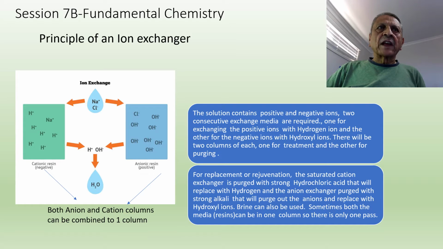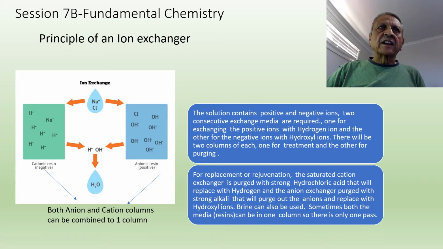Because of the polarity of the positive and negative ions, we are able to absorb each individual ion through an ion exchange resin. There are two types of resins. One is called a cationic resin and the other one is an anionic resin.